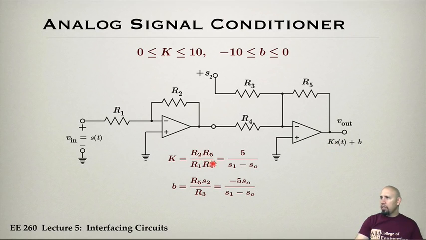So when we choose a resistor, we may have to choose K a little bit smaller in order to make this happen, and that may require an additional shifting on B. But anyway, that's the kind of thing that we need to do. We may need some change here. Okay, so that is the analog signal conditioner, the scaler and shifter circuit.